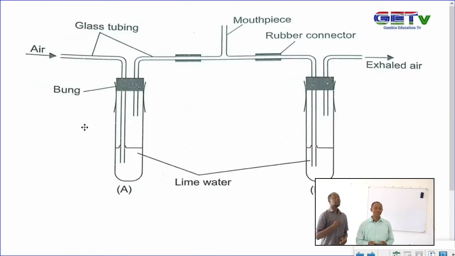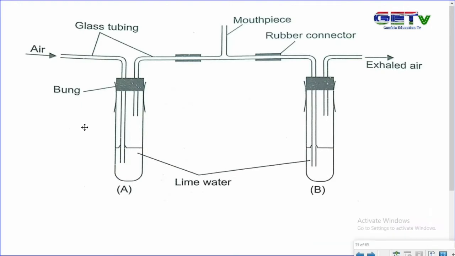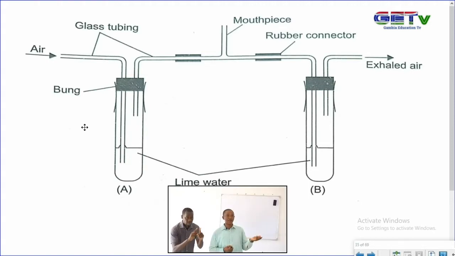How do we demonstrate that it is carbon dioxide that is going out when we breathe, and oxygen that is coming in? Let's take it from the left. We have two tubes set up, test tubes, and tubes that go deep down. You have lime water in both tube A and tube B. You can see at the top where it's written mouthpiece, that is where you'll be breathing.